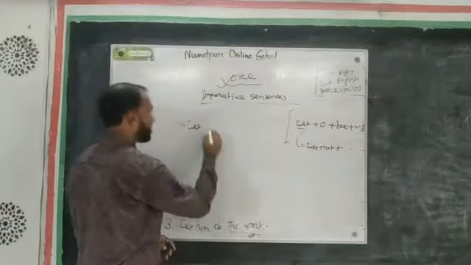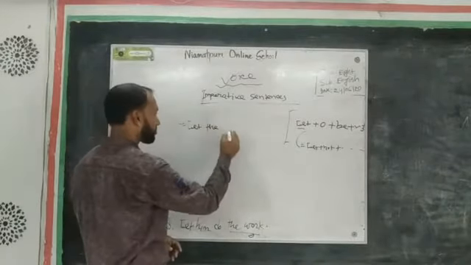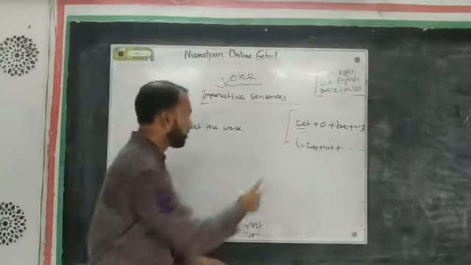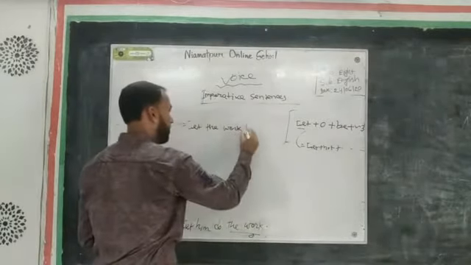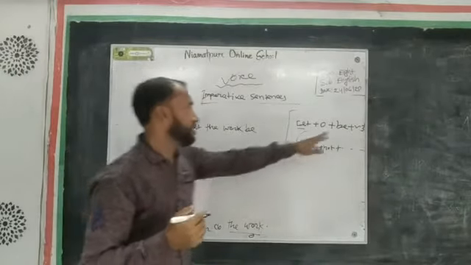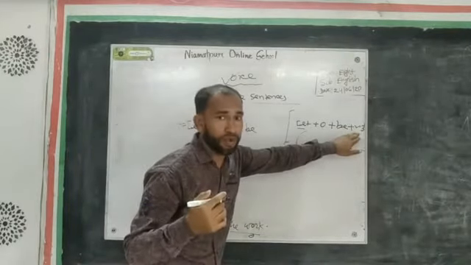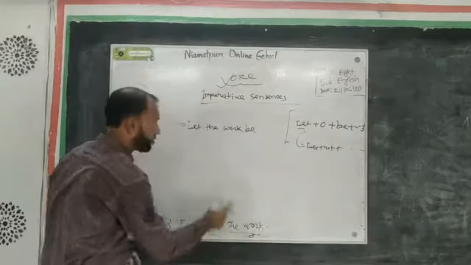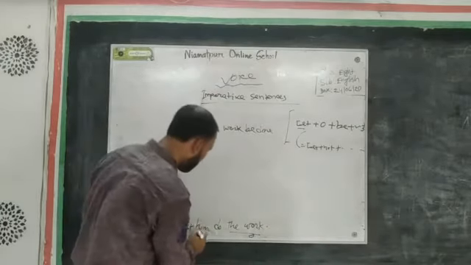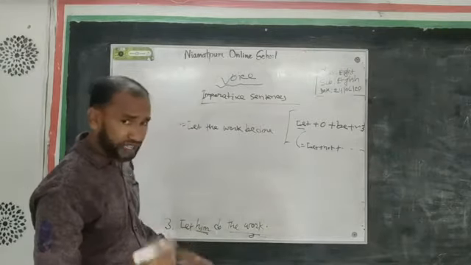So let and object. This is object. The verb, and be, and verb 3, that means the past participle of the main verb. This is do, done, and the extra objective form.